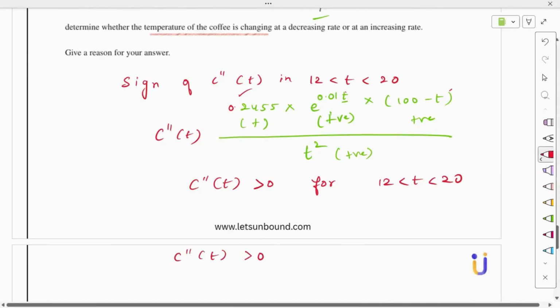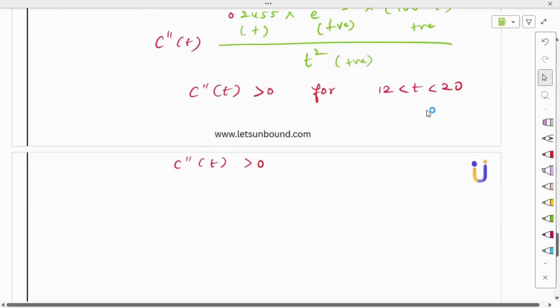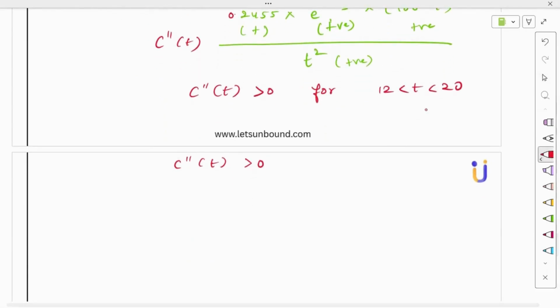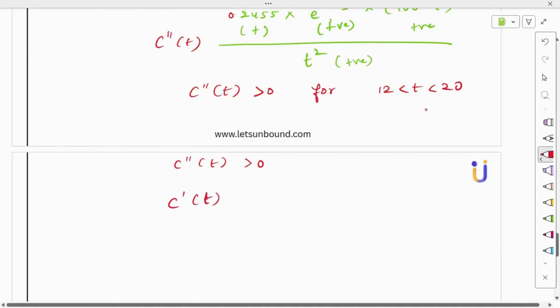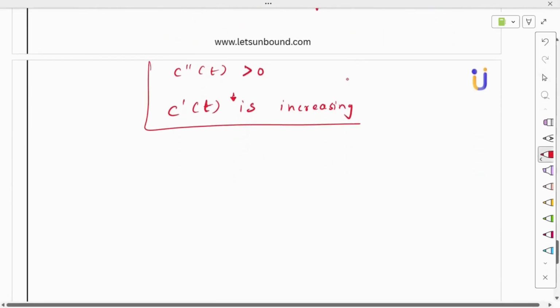C'(t), the rate of change of temperature, is increasing. If C'' is less than 0, then C' is decreasing. So this is the case: C'(t) is increasing.